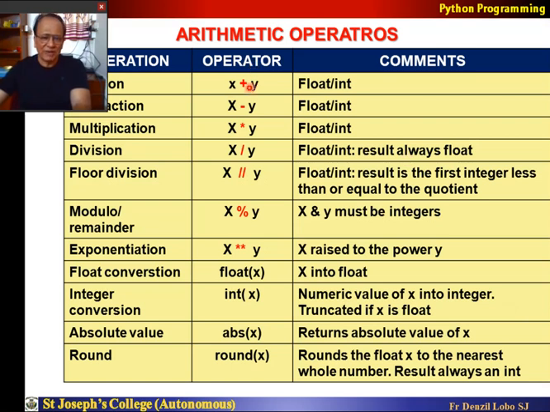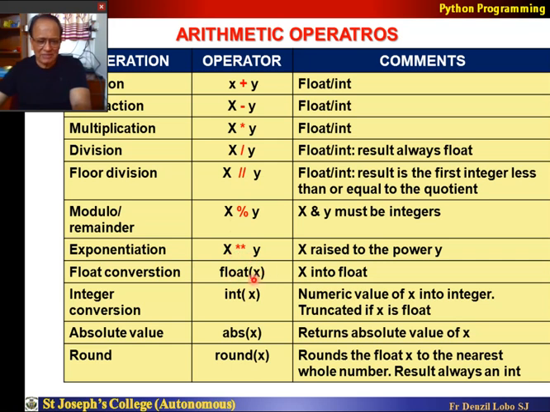First we get into operators. As you see, this is plus, minus, into, and as I said, division, floating division, that is 5 divided by 2 will give you 2.5. This is floor division, integer division. Here you will get 2. And this is called modulo or remainder. Then the modulo operator, the exponential operator, and float x.